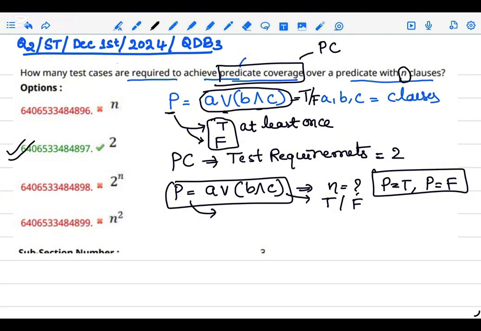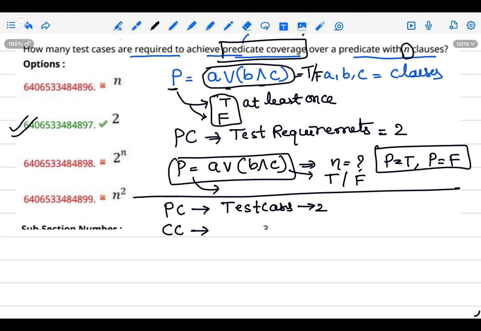Next, clause coverage, CC. In this example predicate, how many clauses?